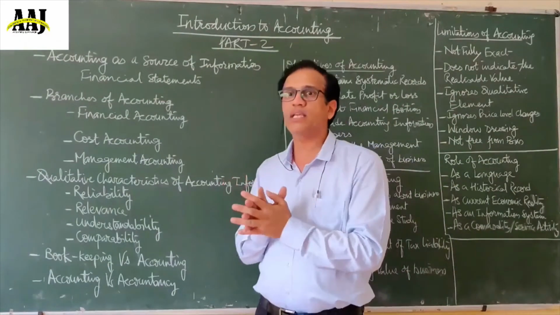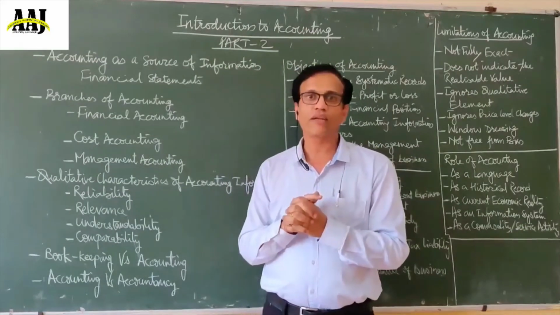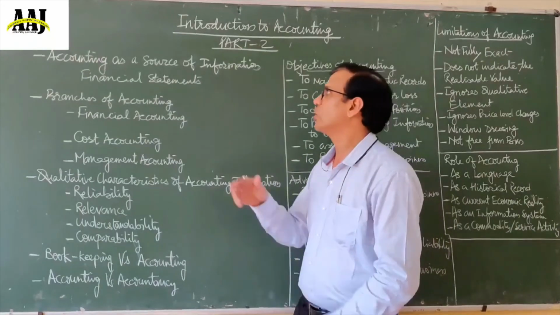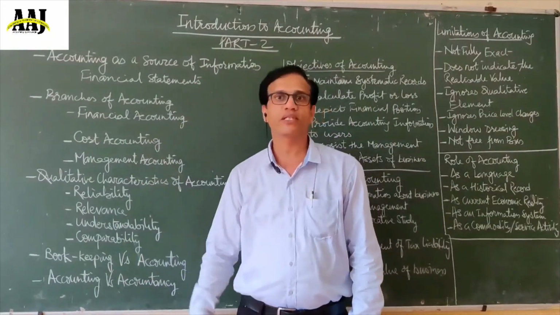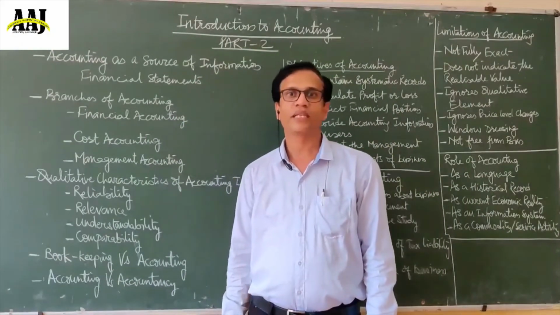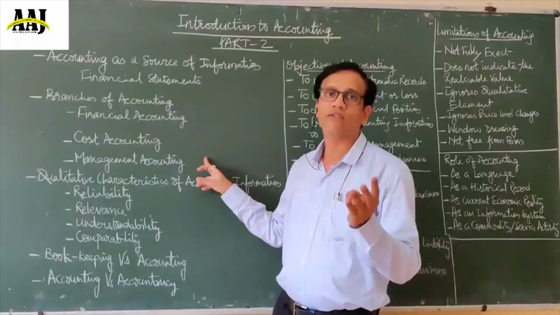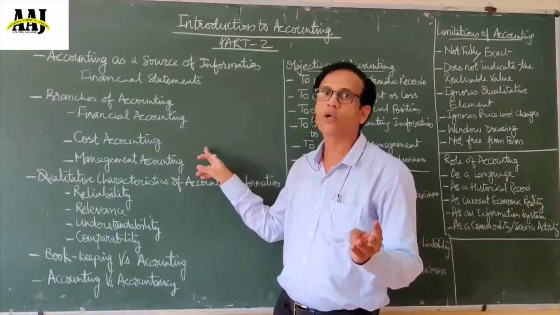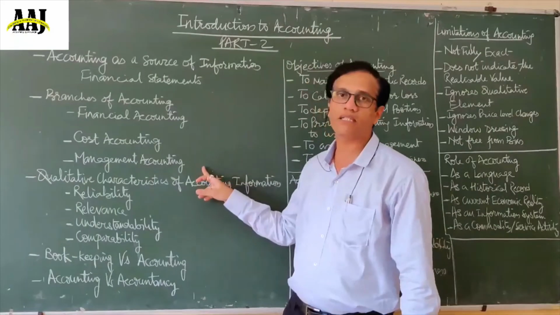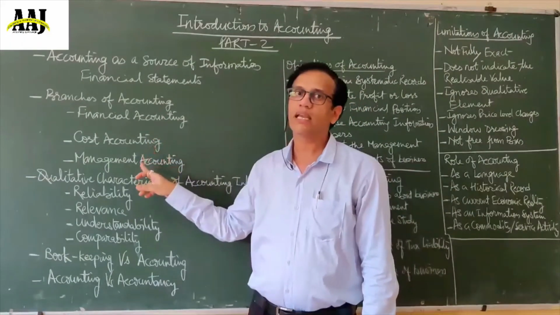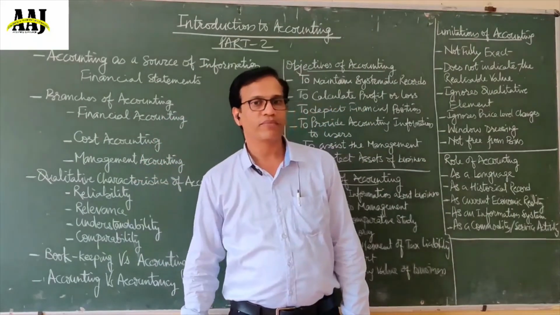On the basis of the steps in the process of accounting, the work is divided. This division is then known as branches of this accounting discipline. These branches are mainly three: financial accounting, cost accounting, and management accounting.